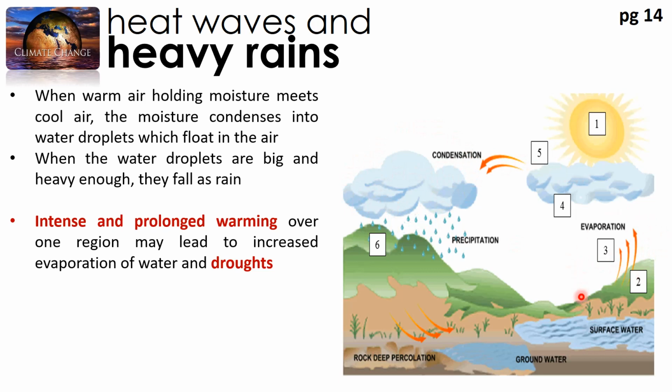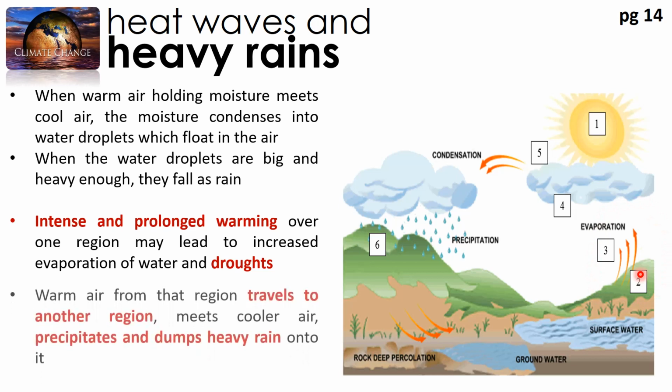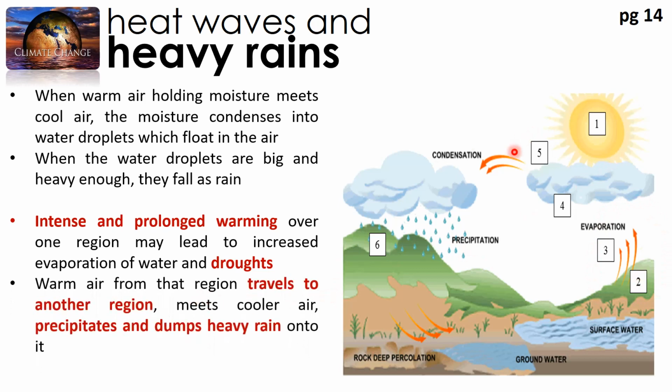So there isn't enough rainfall over here, so this place may go into drought. So when that warm air travels from this region to another region and meets cooler air, it will precipitate and dump heavy rain onto it. Okay, so this is how we can create heat waves in one region and then heavier rains in other regions.